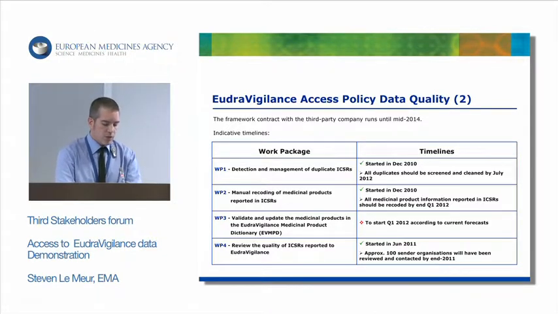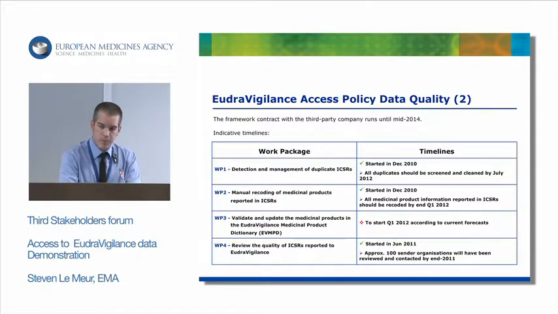Regarding the validation of the medicinal product information, this work has not started yet, and this is also related to Article 57, which I'm sure you have already discussed. If you look at the last work package, we see the review of ICSR data quality.